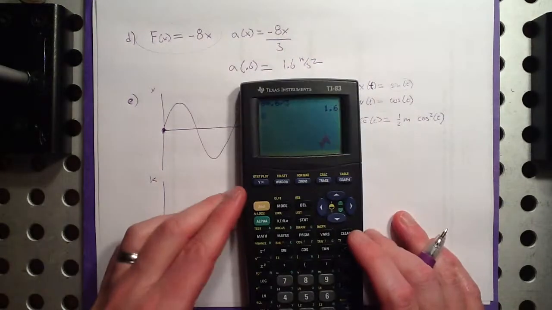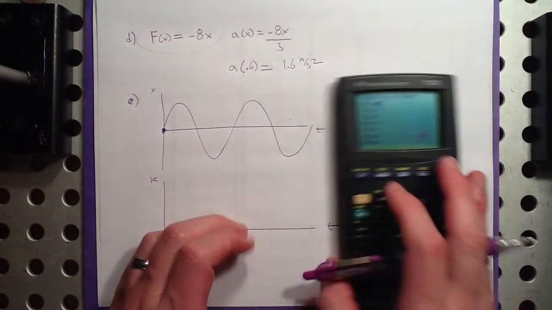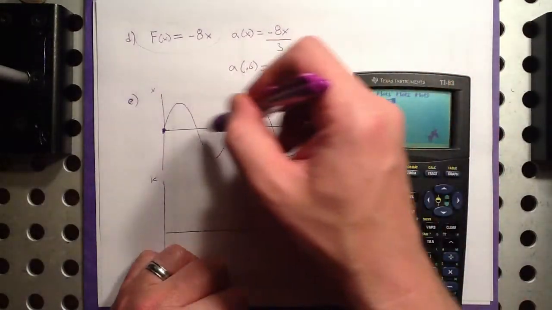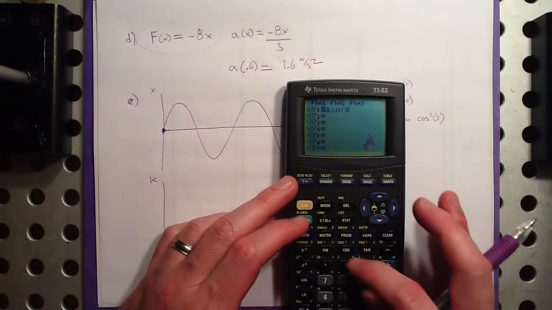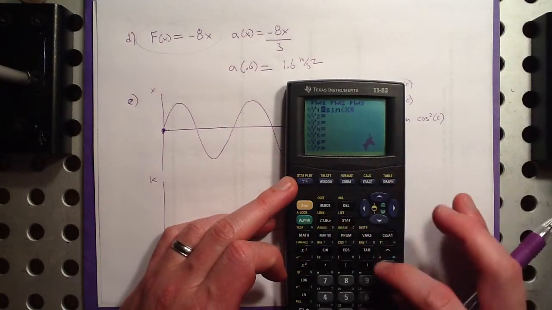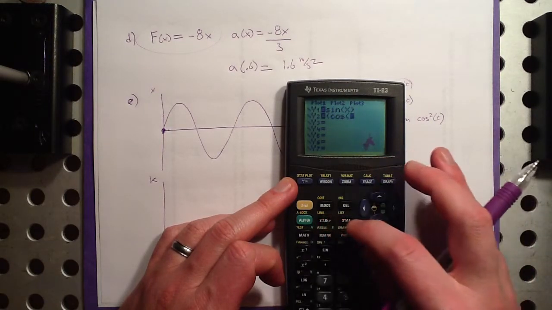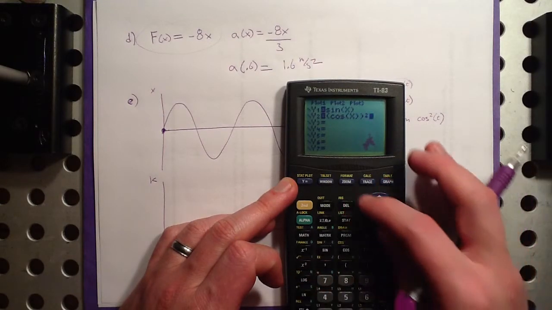And if you're not sure, well, you can always graph that. So let's just go ahead and do that. I drew 2 periods here, so that would be 0 to 2 pi. That should work. So let's take a look at the sine graph and the graph of cosine of x squared on the same graph.